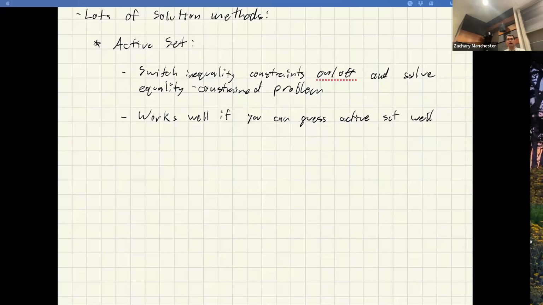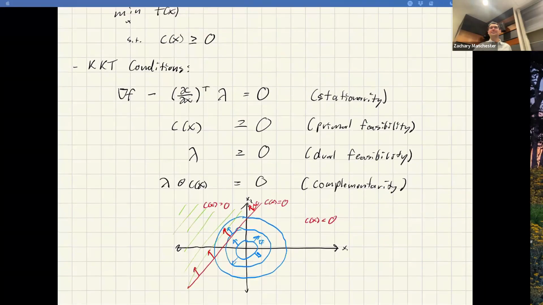What happens if there was a constraint that you put in the active set that shouldn't have been there? How do you know that? Think about the KKT stuff and think about the difference between this case and the equality case.